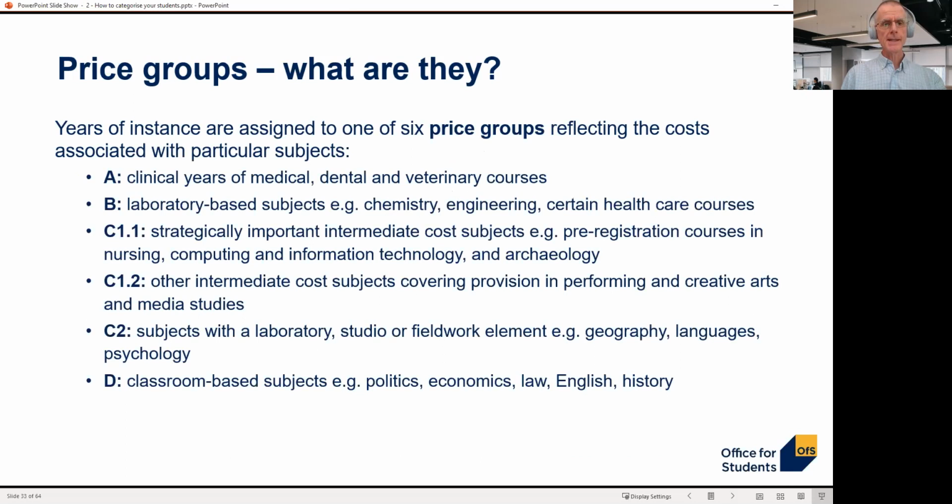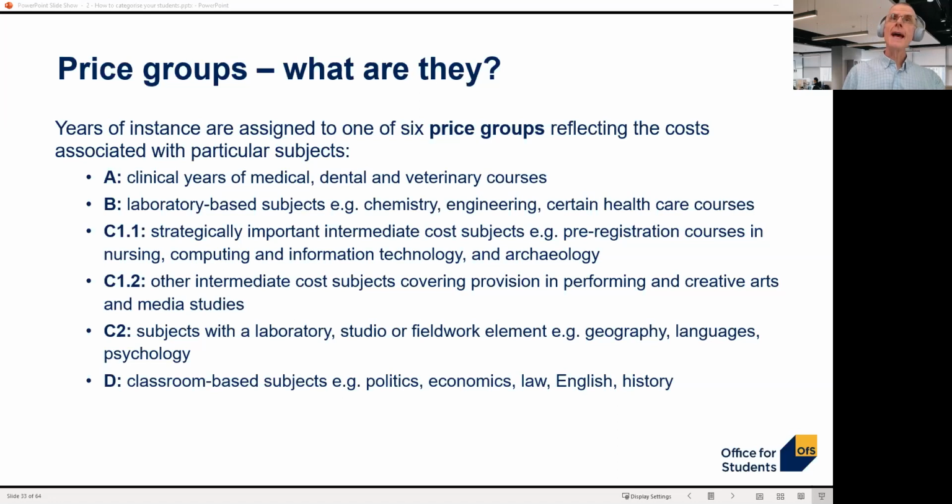So here's a list, and this is not entirely comprehensive, but it will give you an idea. Just running through them. Price group A is for the clinical years of medical, dental, and veterinary courses. Price group B is for laboratory-based subjects such as chemistry, engineering, certain healthcare courses.